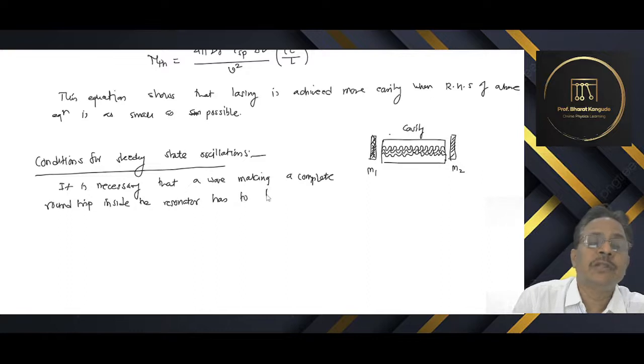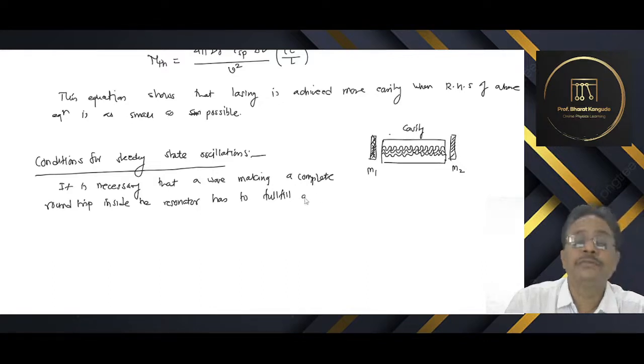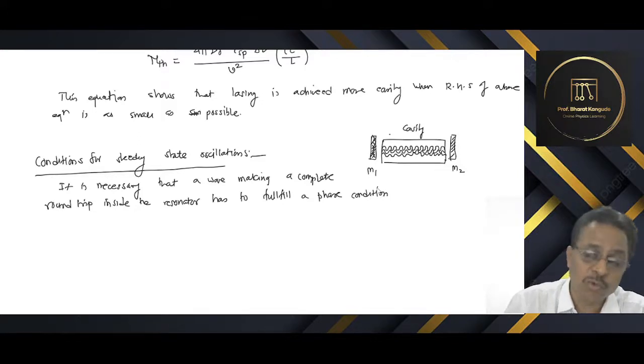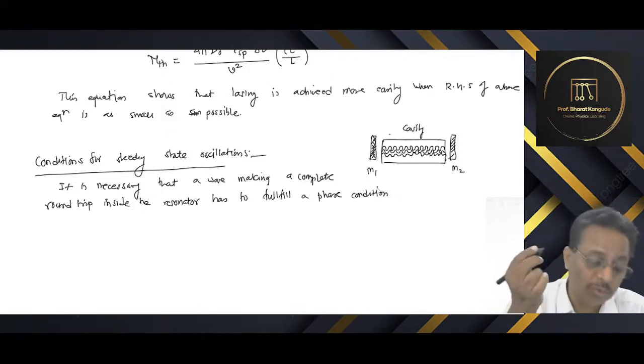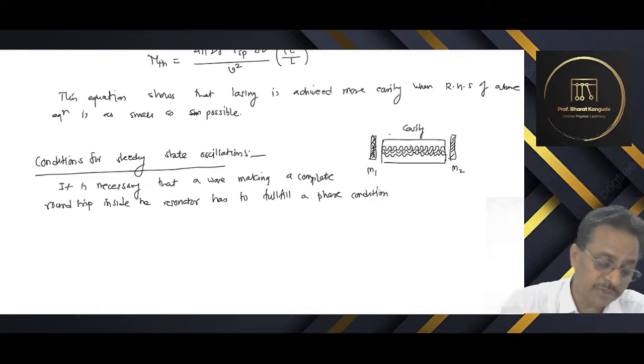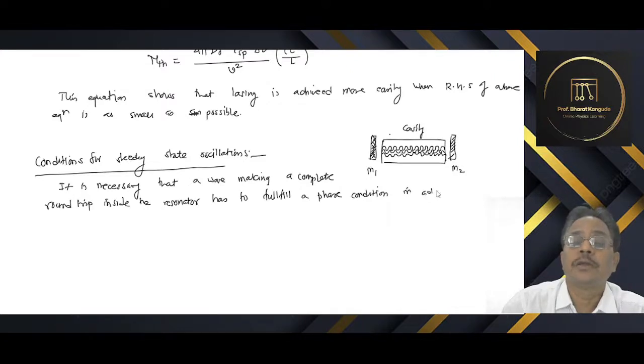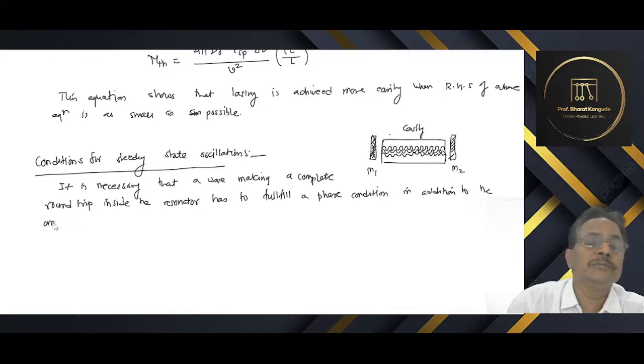has to fulfill a phase condition. That means they all should be in the same phase, otherwise that won't be a good laser. Laser action may be there, but the quality of the laser would not be good if it is not in phase. So, phase condition in addition to the amplitude condition.